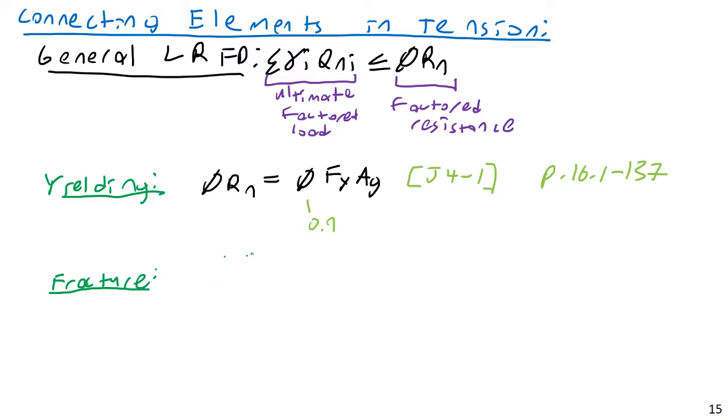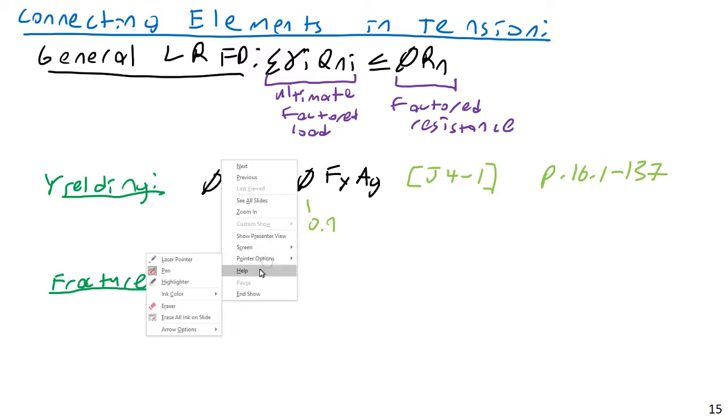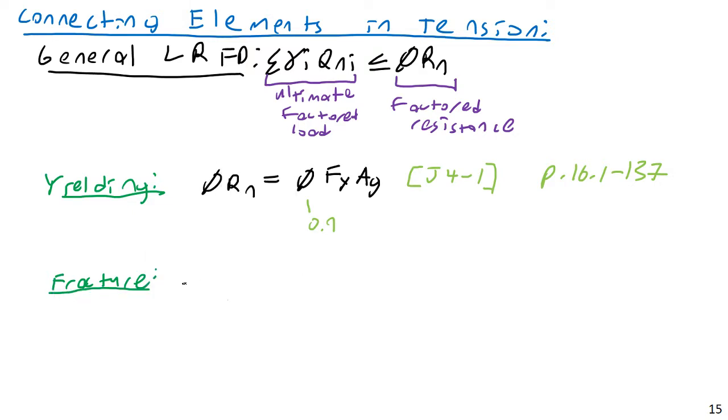In the first portion of the lecture, we did thoroughly discuss the difference between yielding and fracture. Here, phi Rn is going to be equal to phi Fu, F ultimate, times Ae, where Ae is the effective net area, as we discussed previously.